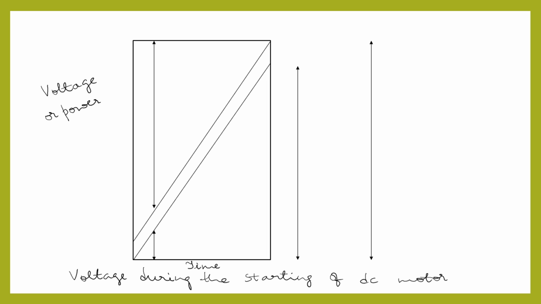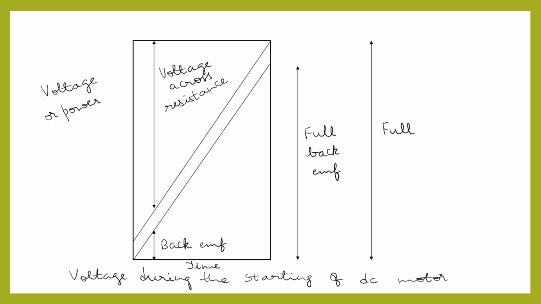So we have the voltage across the starting resistance, which is high during the starting period, and we can see the back EMF is 0 and it is gradually increasing, and we have the full back EMF value at the end of the starting period, that is, at the end of the accelerating period, and this is the full supply voltage.